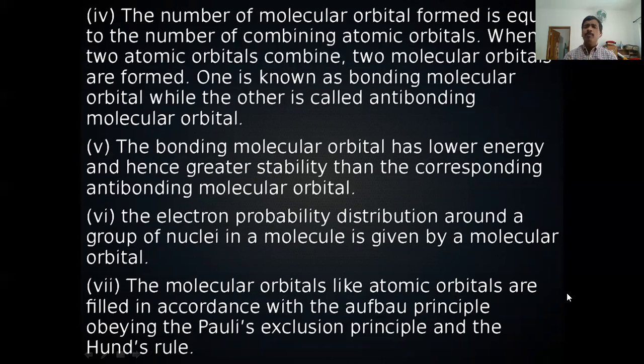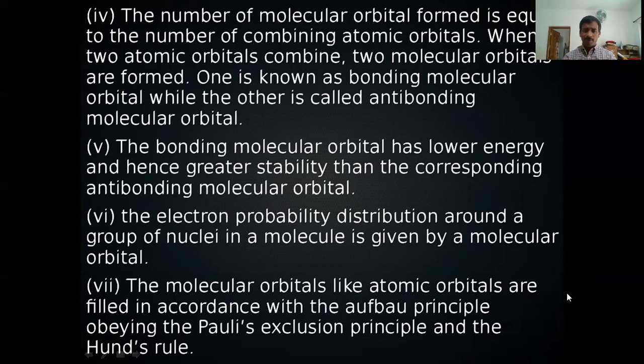Now the number of molecular orbitals formed is equal to the number of combining atomic orbitals, as in the case of hybridization. The number of orbitals combining is equal to the number of molecular orbitals produced. When two atomic orbitals combine, you will get two molecular orbitals. One is known as bonding molecular orbital and the other one is known as anti-bonding molecular orbital.